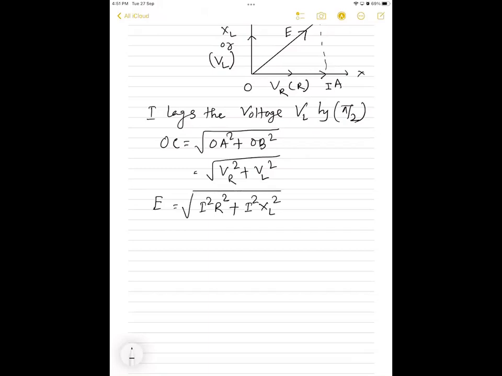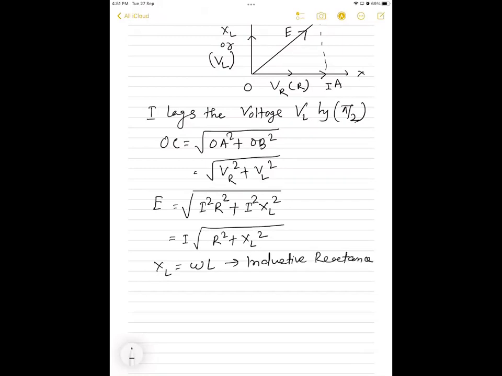I square taking common, inside there will be R square plus XL square. What is XL? Omega L, inductive reactance.